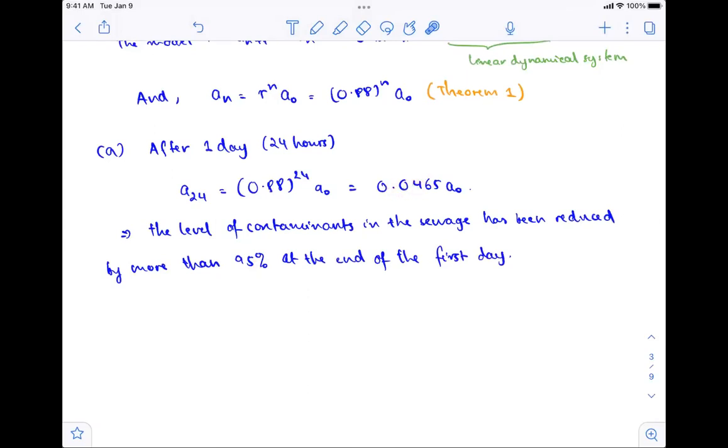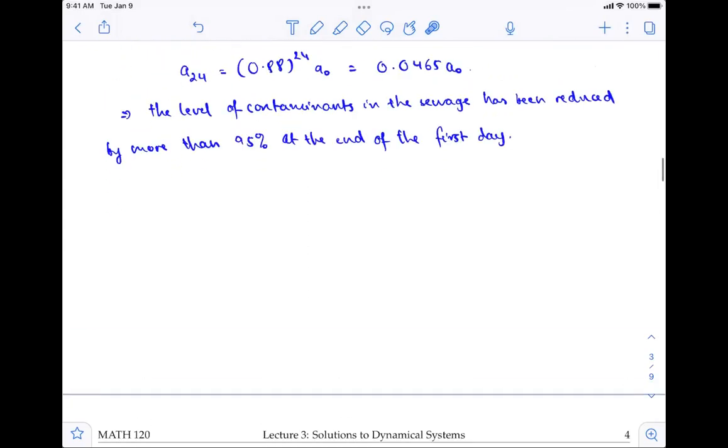After 24 hours, the amount left in the tank is just about 0.0465 of the original amount of contaminant. And you can calculate the 95% because you take 1 minus 0.0465, which gives 0.9535.